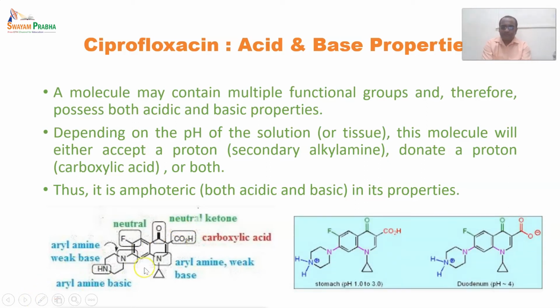So here in the example we can see that the stomach pH is acidic, around 1 to 3, and this is a favorable condition for a base to act, because in acidic conditions a base will act, and in basic conditions acids will act.